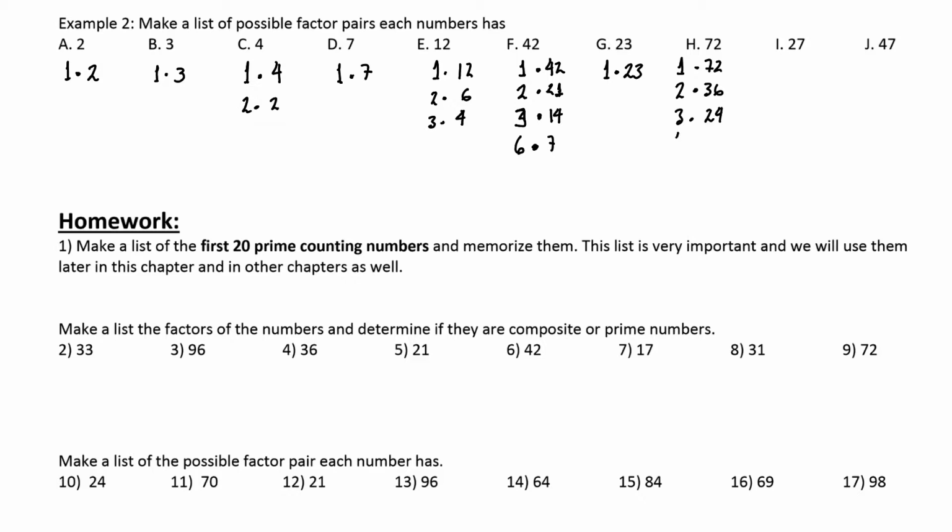We could also do it by 4, which brings the next number to be 18. 5 doesn't work. 6 will work, which brings you 12. 7 doesn't work, but 8 does. 8 times 9 is going to give you 72.